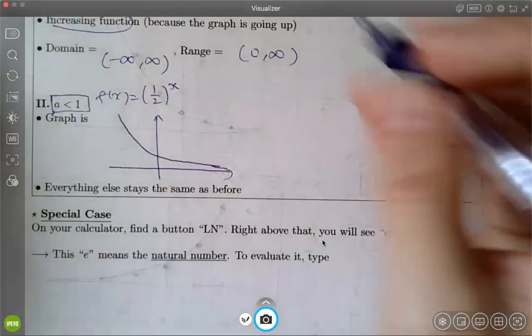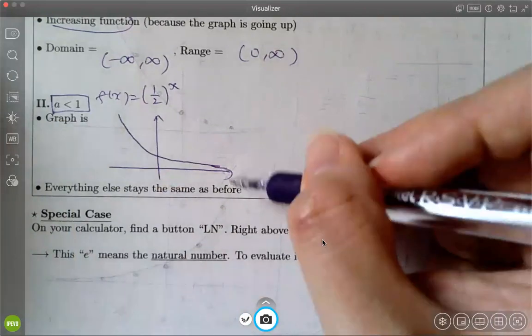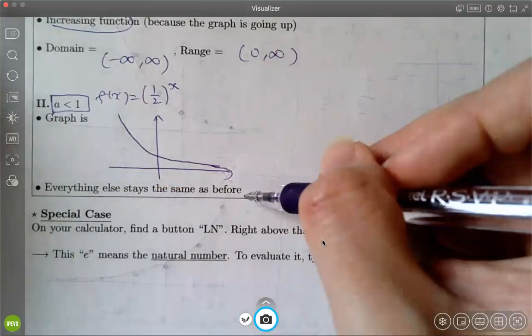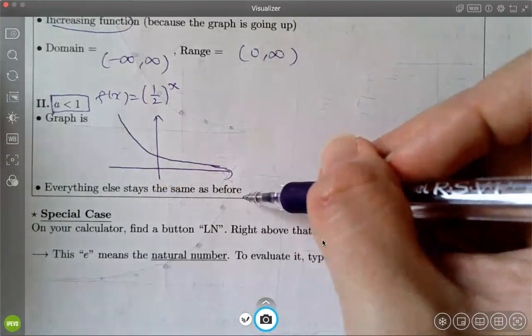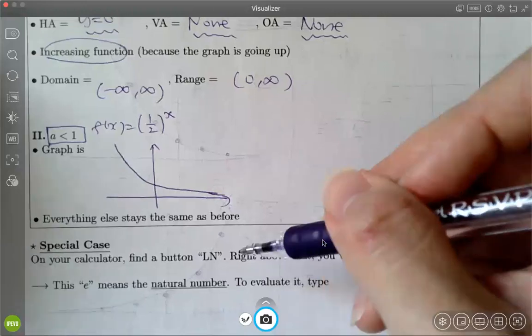Well, actually, hopefully you can realize that this is my lie. I've told you a lie. Now, why? Because it's not that everything stays the same. It's almost everything except what? This one.